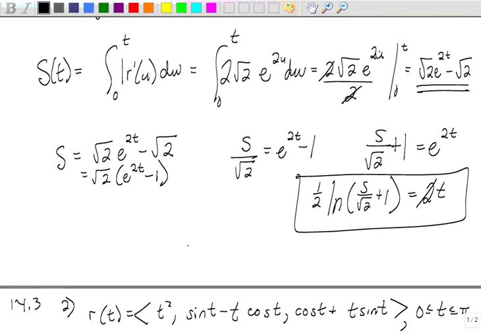And then all I have to do is go back and plug it in for r. Remember, r of t was e to the 2t. So e to the 1/2 ln of s over square root of 2 plus 1, cosine 2 of all that.